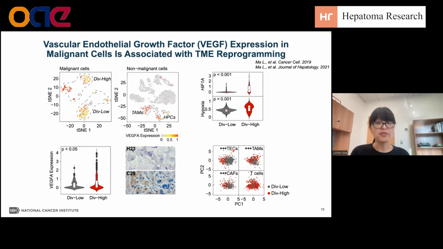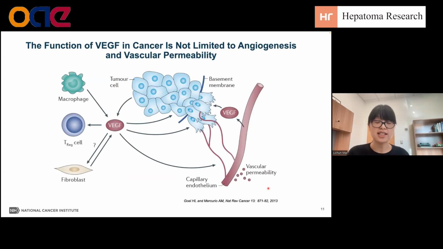The role of VEGF in tumor angiogenesis has been very well studied. VEGF has multiple functions in the tumor microenvironment. Except for angiogenesis and vascular permeability, it may also act in an endocrine manner to promote dedifferentiation and EMT phenotype to enhance tumor cell invasion and survival.